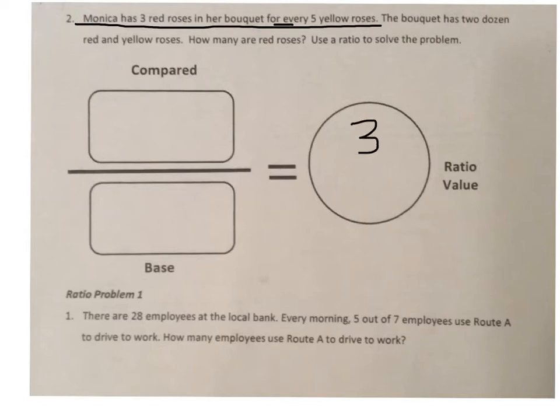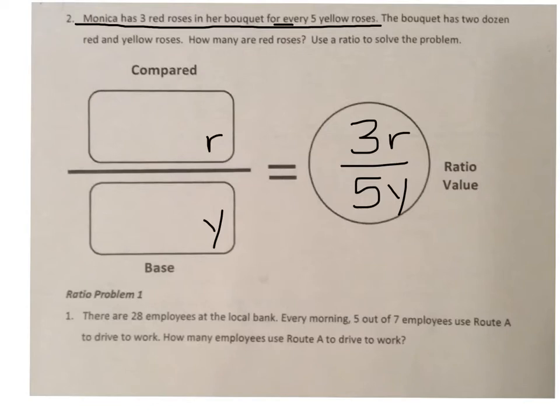So that's going to go right here in our circle. And I'm not going to go any farther until I label the top and the bottom. So it says 3 red, 5 yellow. And then I'm going to go over here and put the labels the same, red and yellow. And then the question we are being asked is how many red.